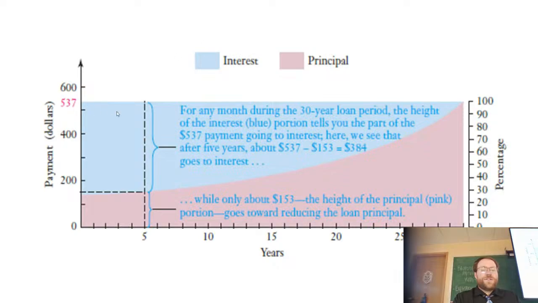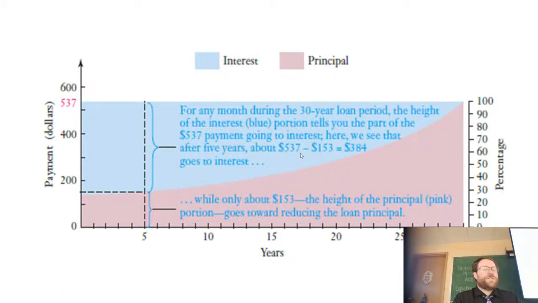Only other thing to note here, if you wanted to figure out just how much of this is interest, they gave you a Y value of 537, which includes both the interest and the principal. If you figure out the principal amount, so about 150, they say 153, subtracting the difference there will give you just the interest.